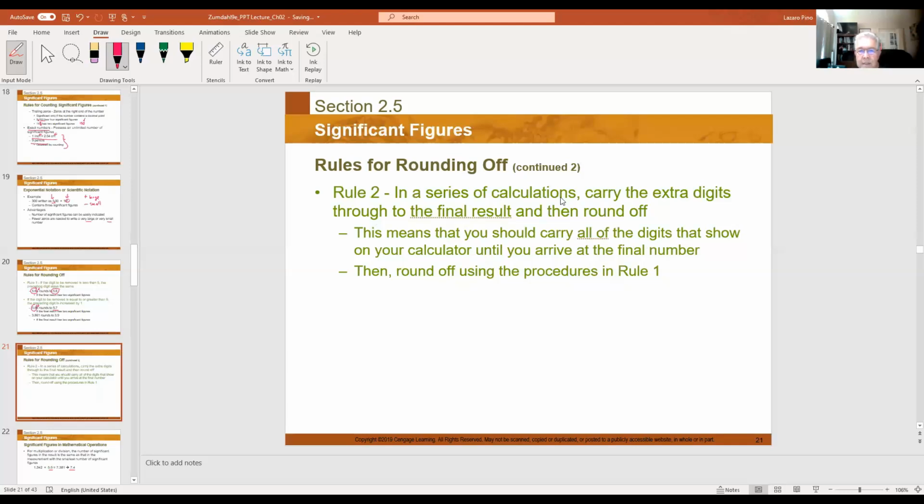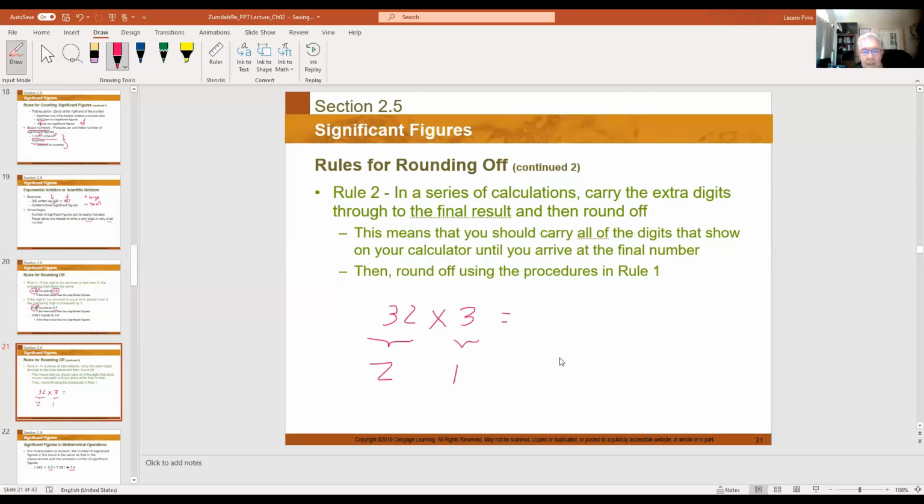In a series of calculations, carry the extra digits through to the final result, and then you round off at the end. What you can do, for example, if you're multiplying 32 by 3, you have here that this number has two significant figures, and this has only one significant figure.